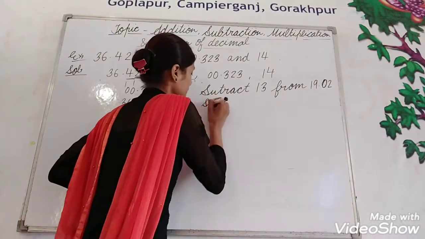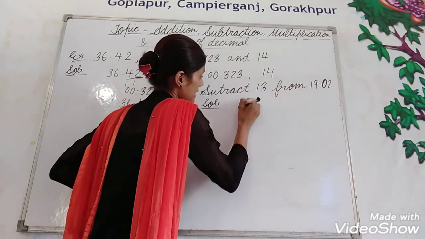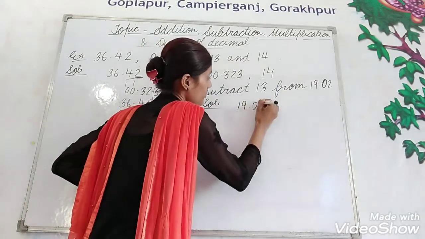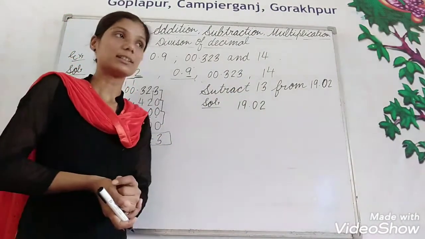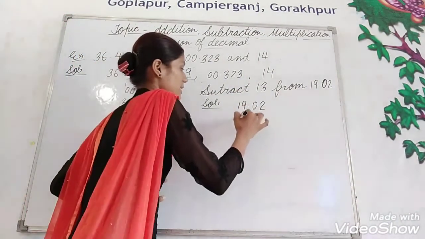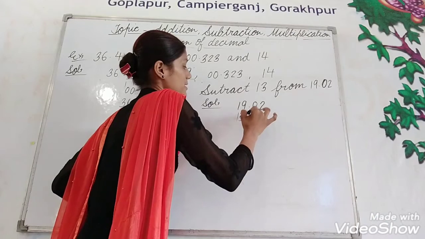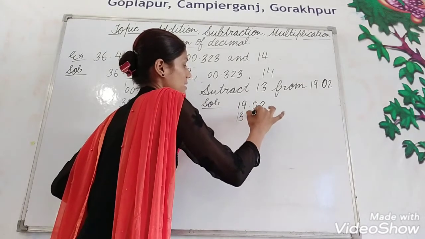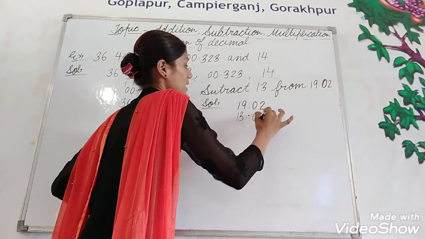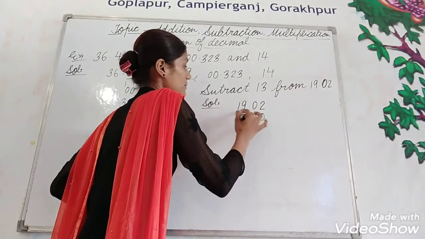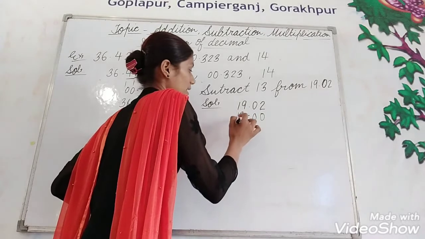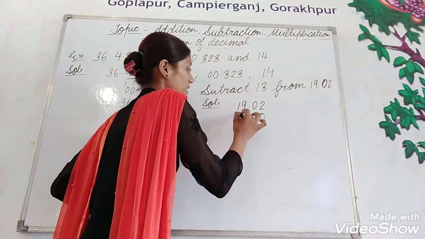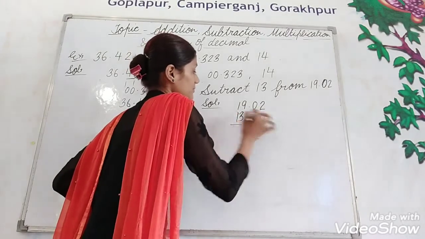So 19.02, and for 13 write 13.00 with a decimal point and two zeros. These are like fractions because in both numbers there are 2 digits after the decimal.